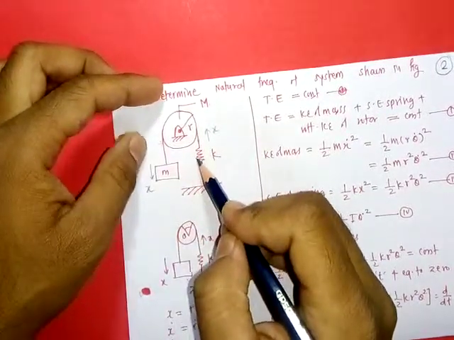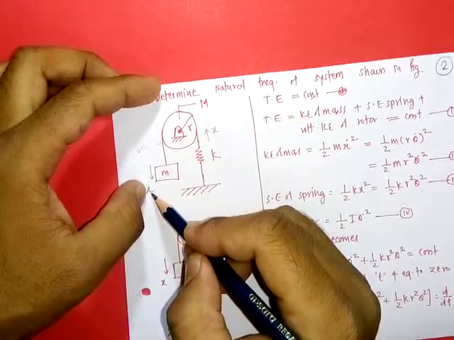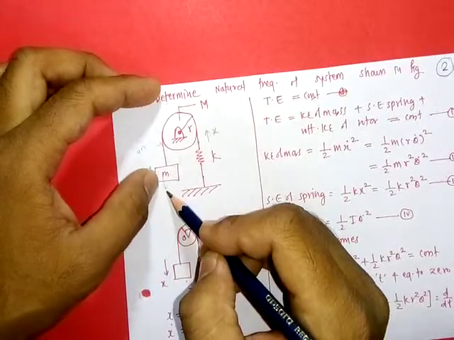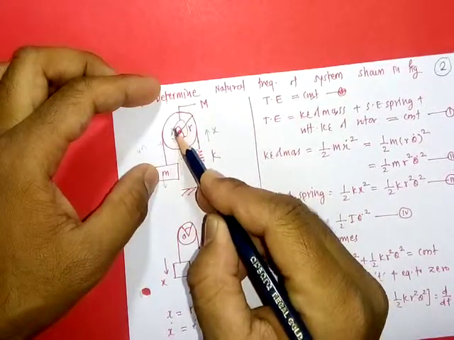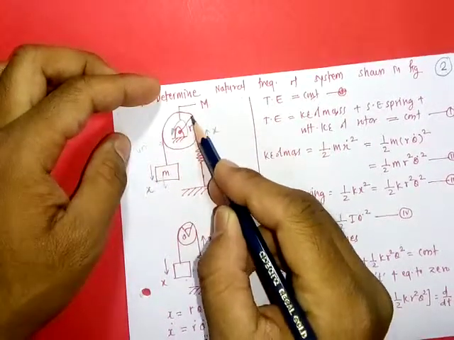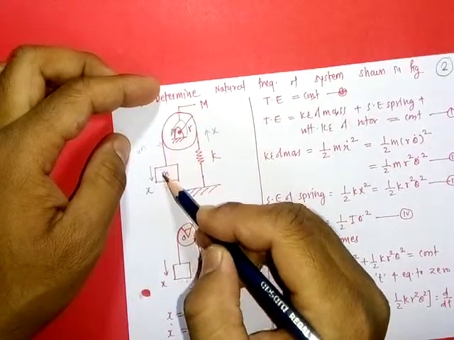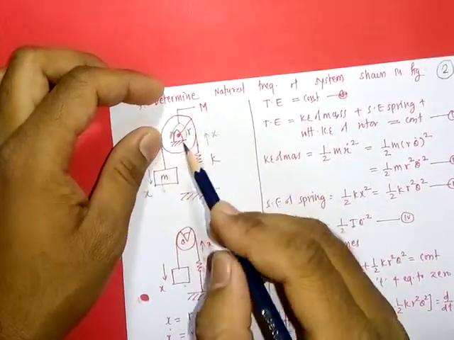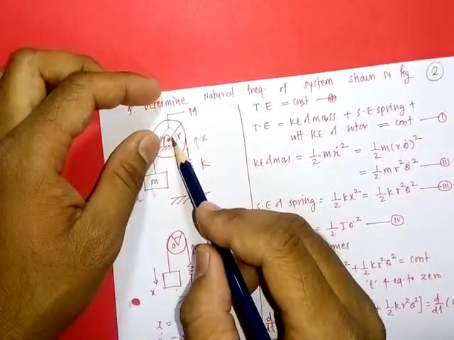When we deflect the mass by a small amount x in the downward direction, this rotor will rotate because the string is passed over this rotor. Due to rotation of the rotor, it gets rotary kinetic energy.